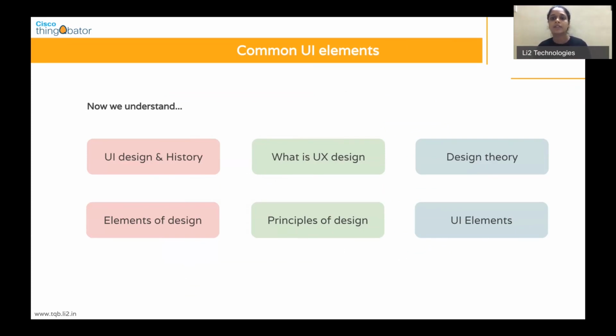Further moving on, we'll start identifying all these elements in existing products. We'll understand some industry standard rules and regulations, or design standards or developer standards, for different devices like Android and iOS, and different devices also. And we will further see how we can create these screens and understand the tools used in creating these UIs.